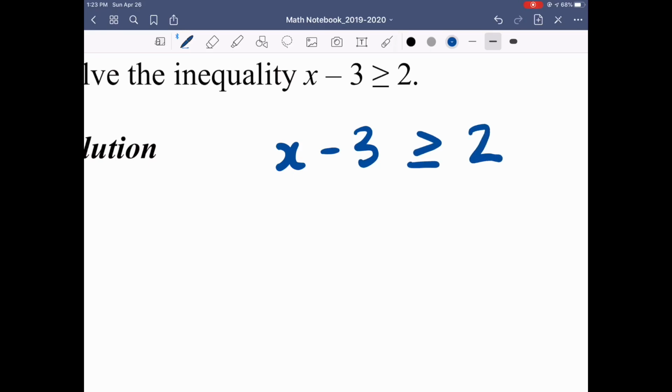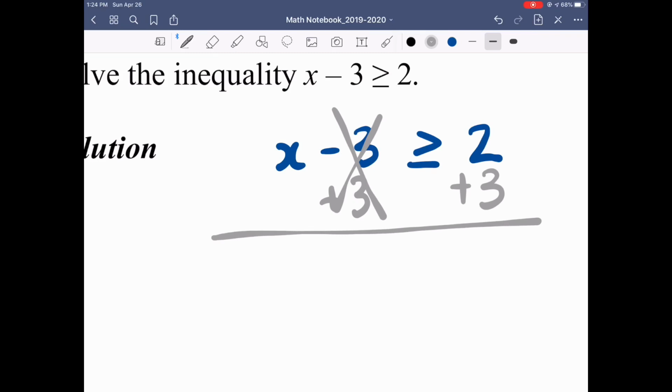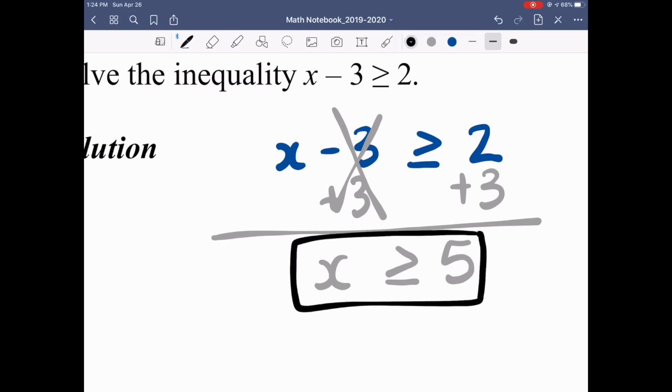Now, if you wanted to isolate x, if this greater than or equal to was just a regular equal sign, the first thing you would do would be to add 3 to both sides to isolate for x. These would cancel each other out, and then you would be left with x is greater than or equal to 5. And that's your answer. So it's the same process as solving equations, except instead of an equal sign, you have an inequality.